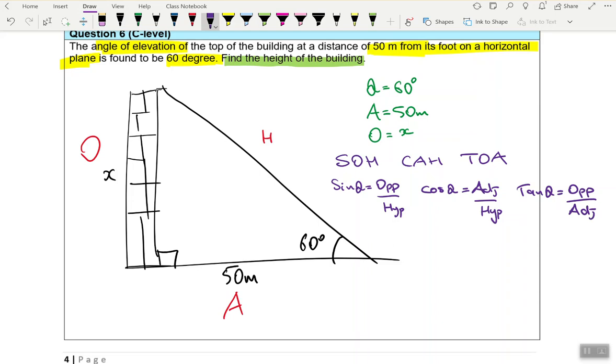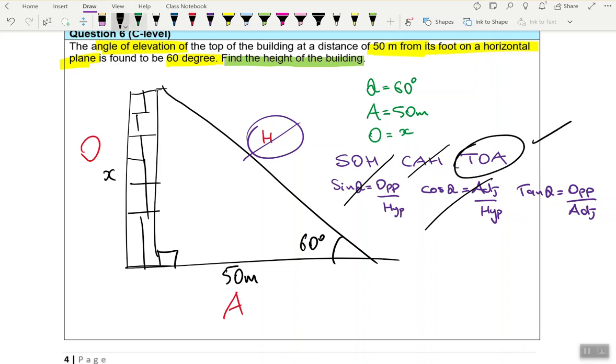These are at the very top of your formula sheet. We need to figure out which one of these three we will use. We don't need the hypotenuse. Nothing in the question gives it to us, nor are we looking for it. So anything with hypotenuse, like sin and cos, we disregard. But tan has what we need, opposite and adjacent. So tan is the correct one to use.